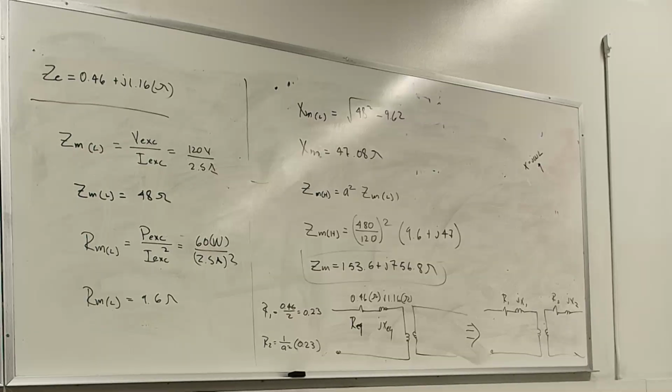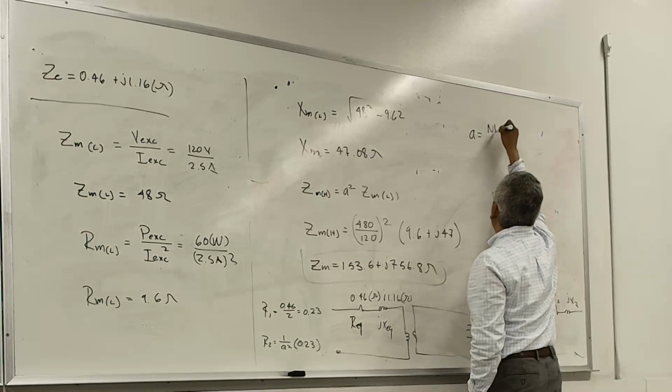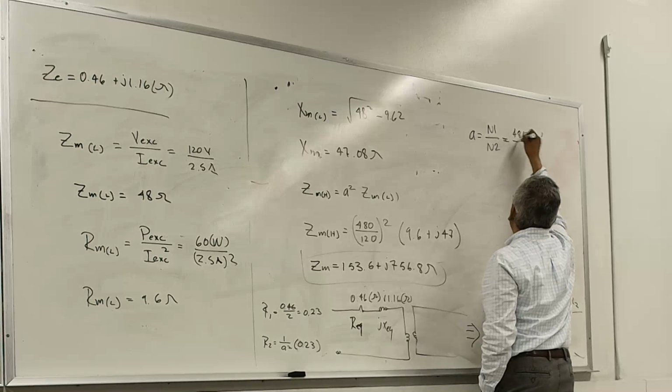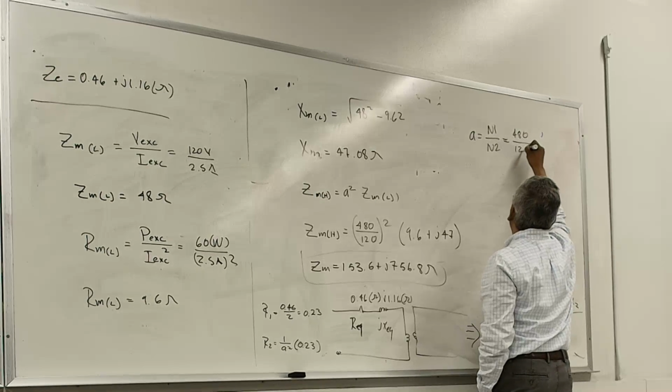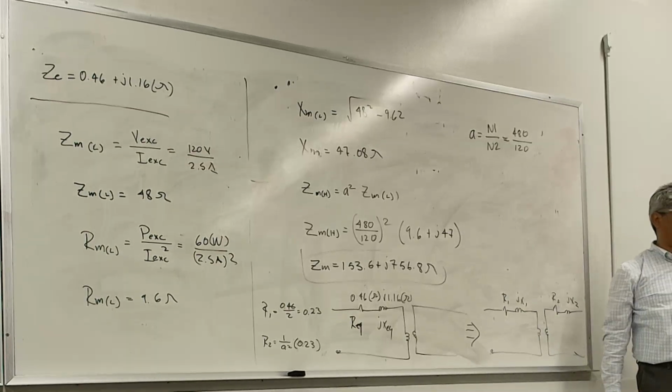I'm just curious, a squared, where do you get that value? A is equal to n1 over n2. In this case it was 480 divided by 120. That's what we call the turns ratio of the transformer.